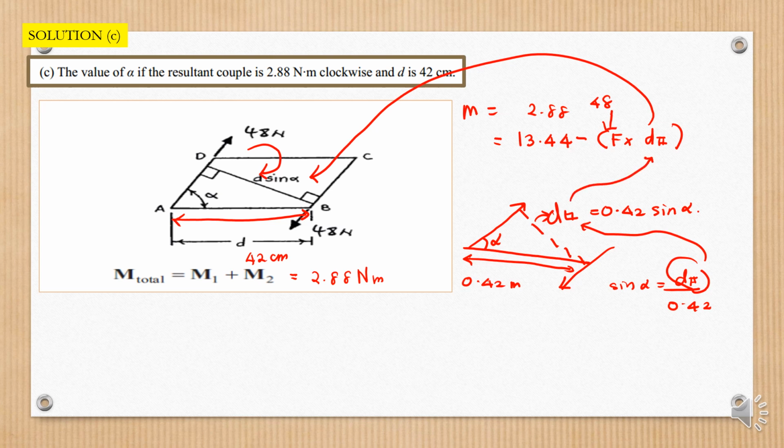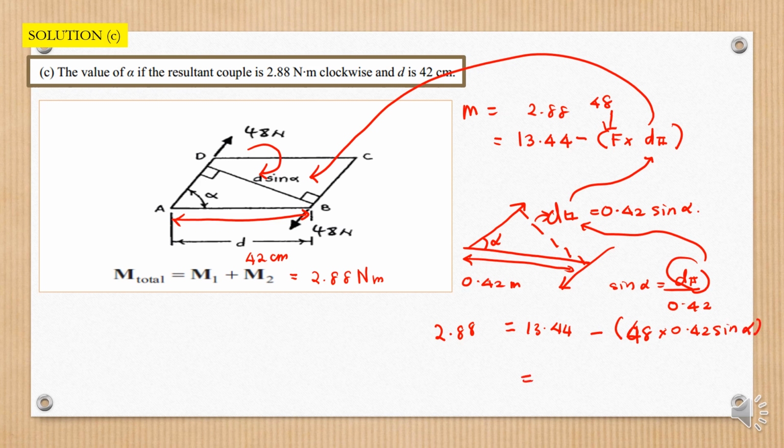So we substitute all the values into the equation: 2.88 equals 13.44 for M1 value, minus 48 Newton multiplied by the perpendicular distance, which is 0.42 sine alpha.